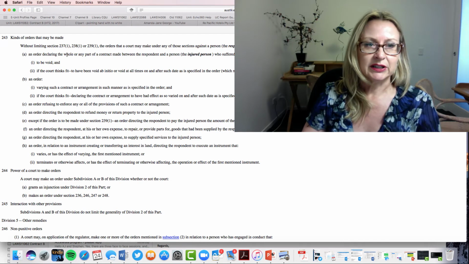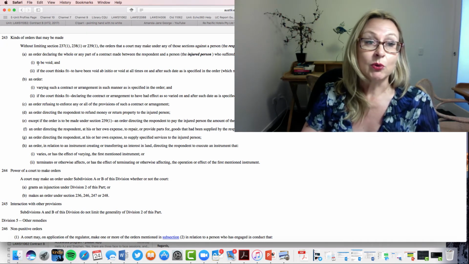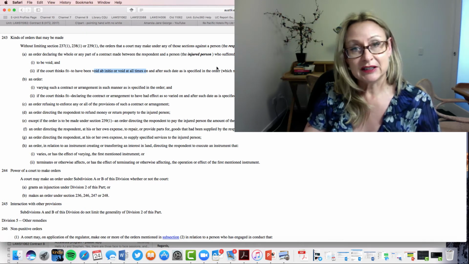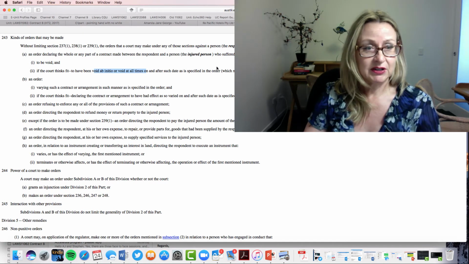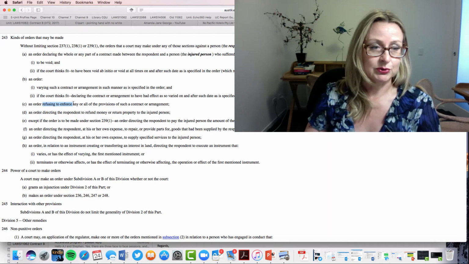So an order declaring whole or any part of a contract made to be void, and it can be void ab initio or at all times after a particular date, if the court thinks that that is the right thing to do. You can have variations being made. You can have a refusal to enforce, so unenforceability.